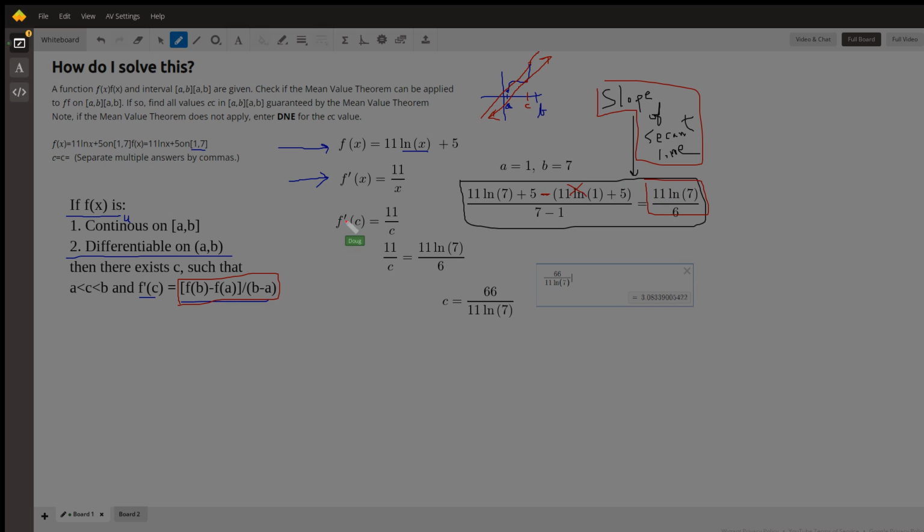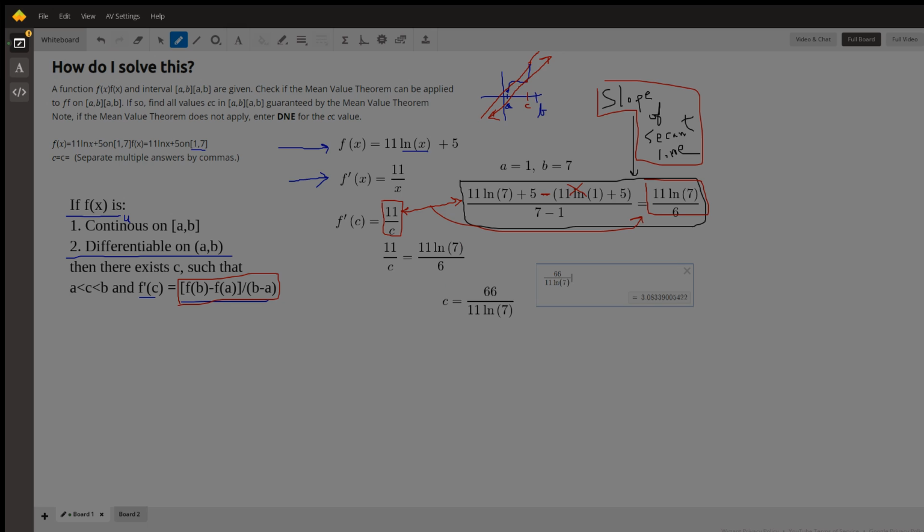And f prime of c, whatever c is, is 11 over c. And so what the mean value theorem says is that there's a number c between 1 and 7 such that these two expressions are equal. So 11 over c equals 11 ln of 7 over 6.